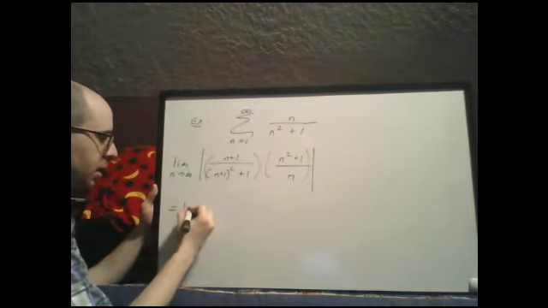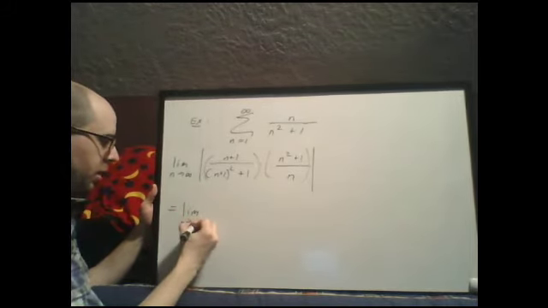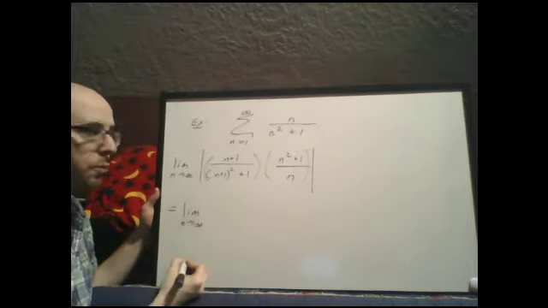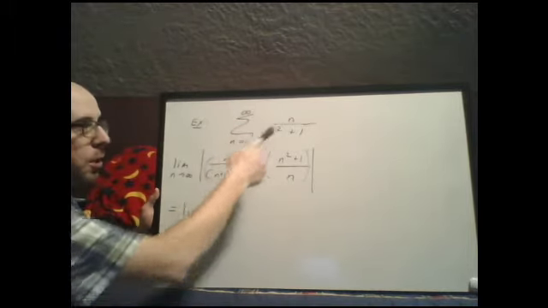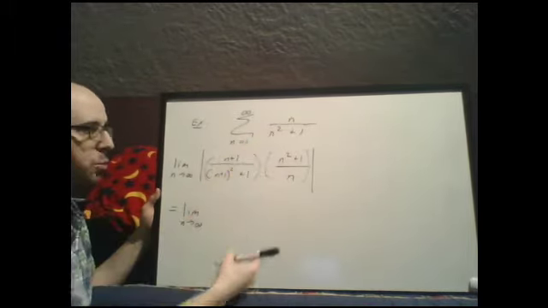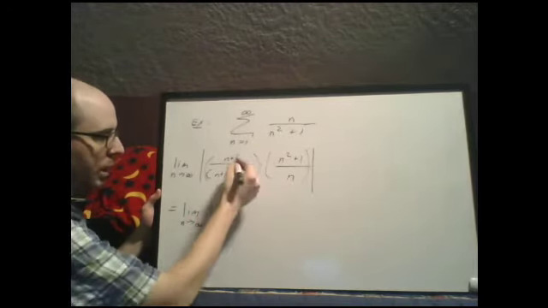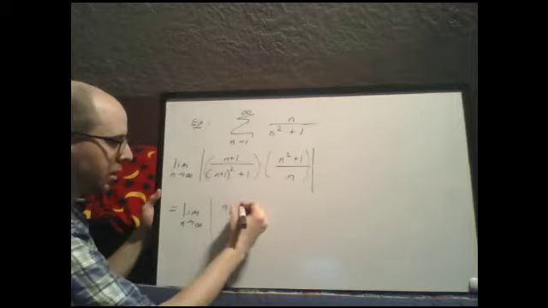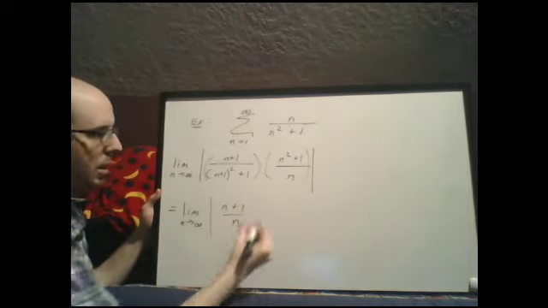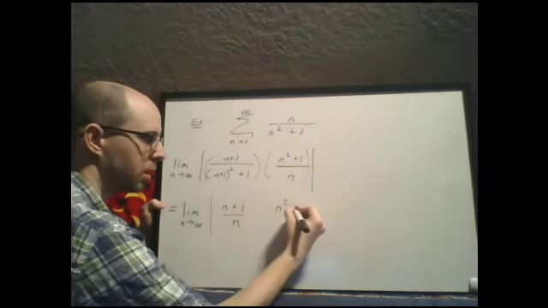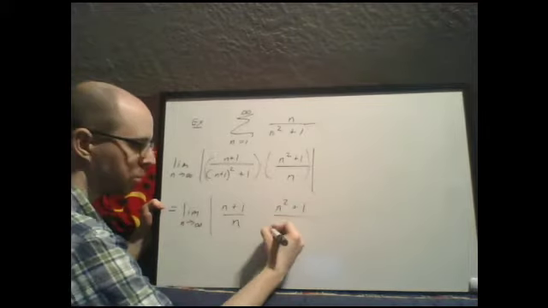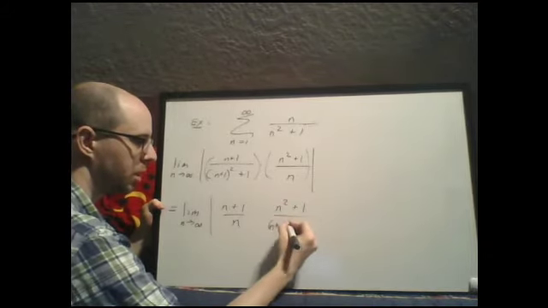Instead, let's go with my technique from before. There are basically two parts. There's n and there's n squared plus 1. Let's group them according to type. So, I've got n plus 1 over n and n squared plus 1 over n plus 1 squared plus 1.